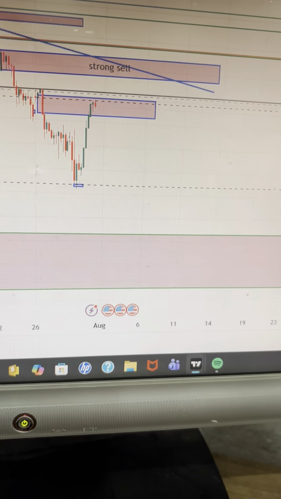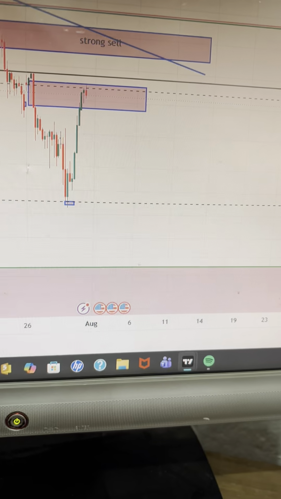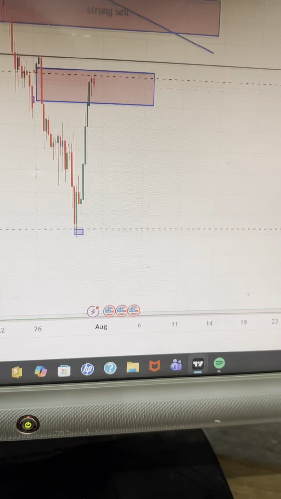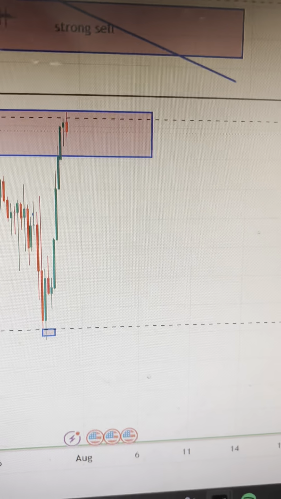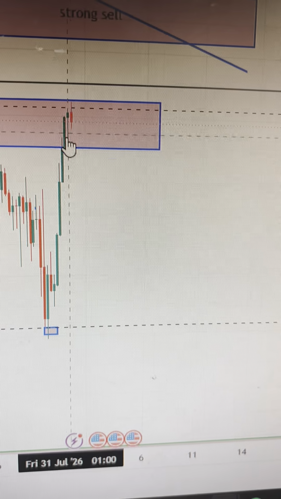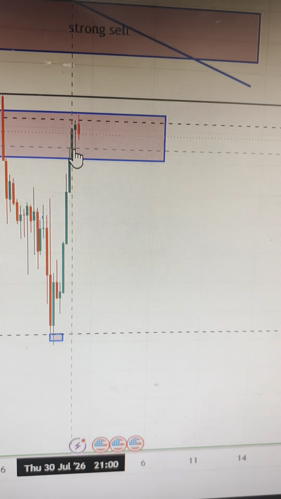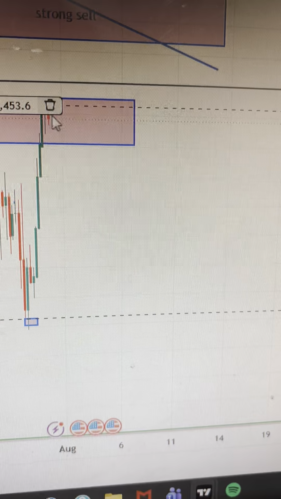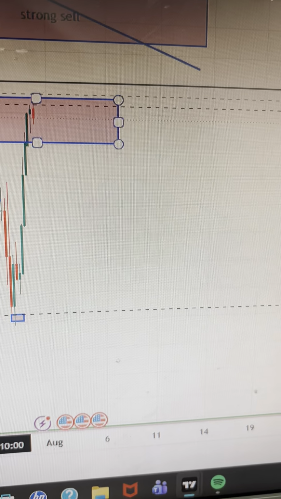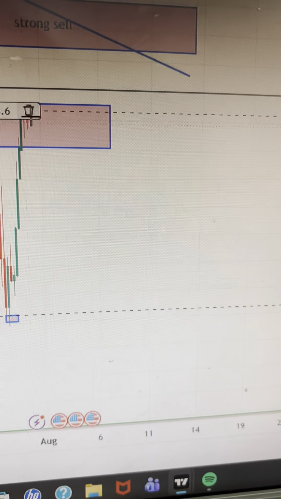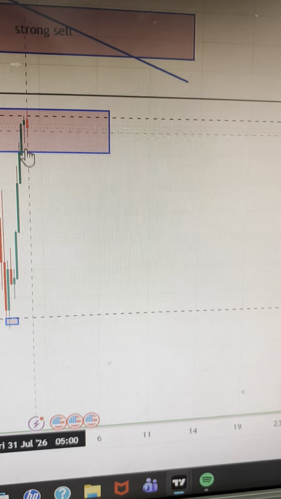But now looking at the 4-hour time frame, this candlestick is convincing me that we're still going to go up to this previous 4-hour candlestick. Although there's some rejection going on, these sellers are coming in, but they are not having that big momentum.